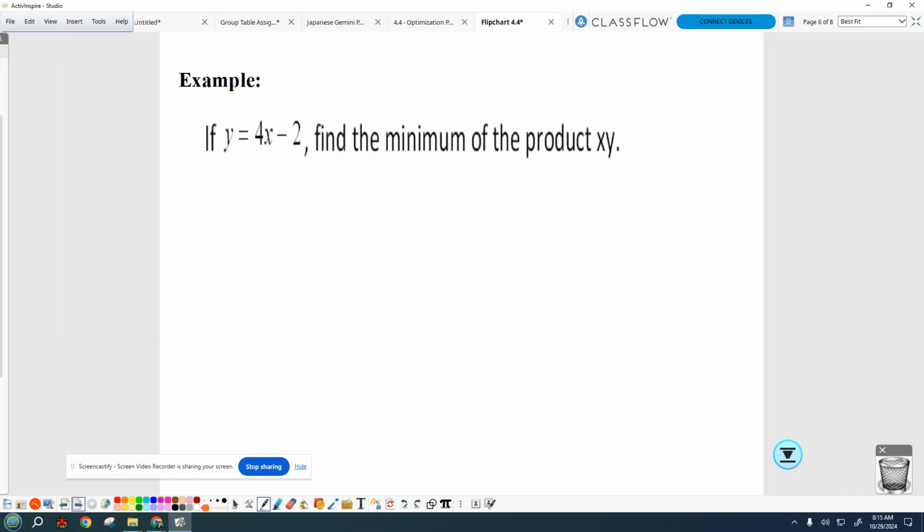Here's the simplest of the simple. Another optimization question. y equals 4x minus 2. I want to find the minimum product.